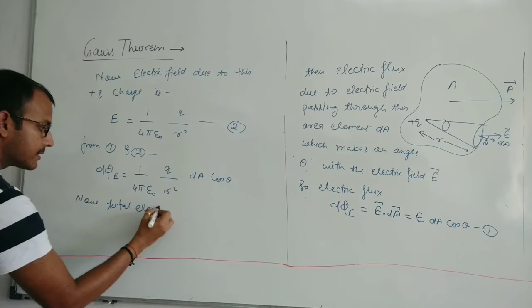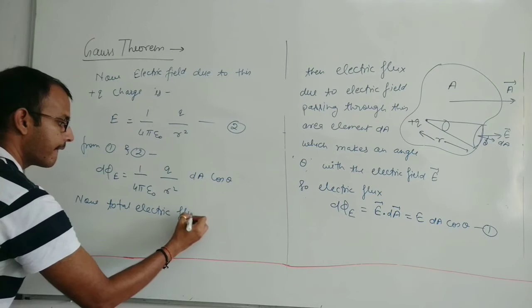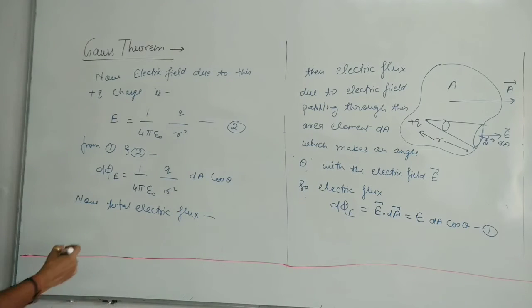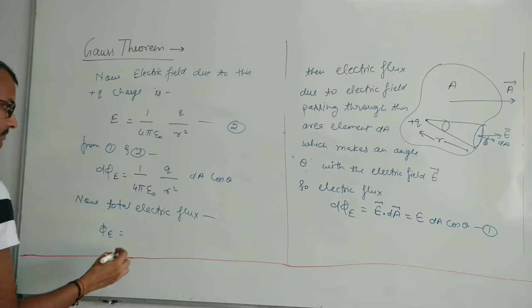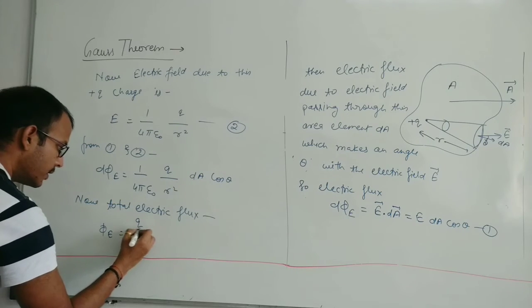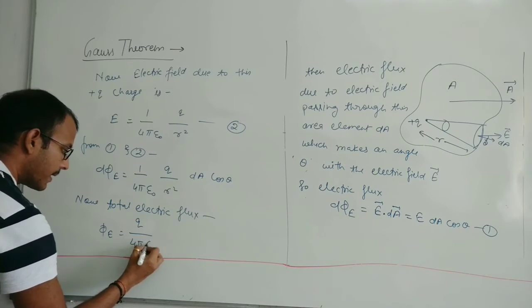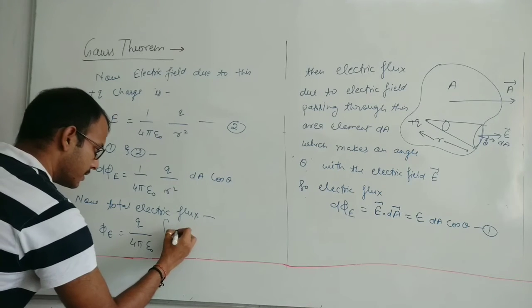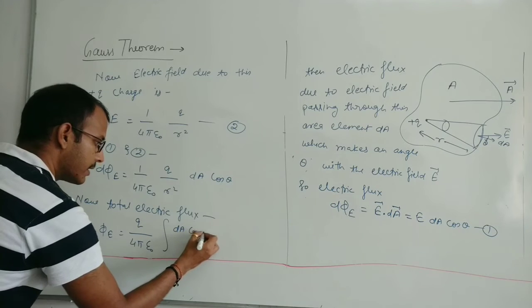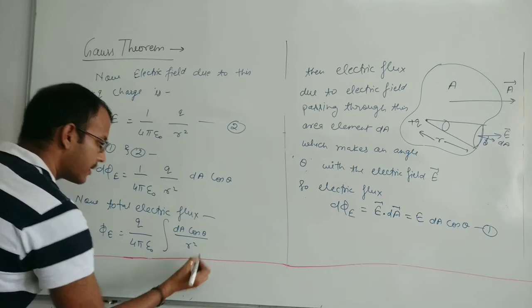Now total electric flux phi E is equals to Q upon 4 pi epsilon naught integration dA cos theta upon R square.